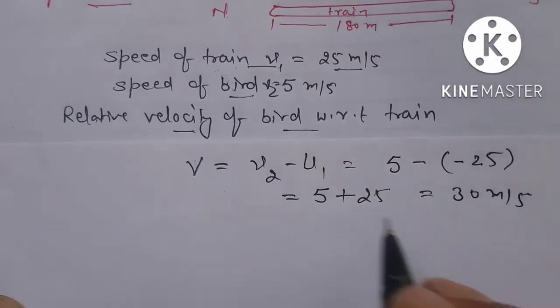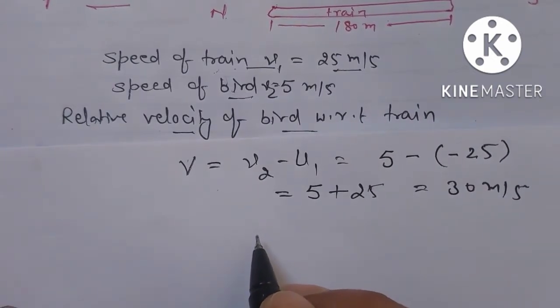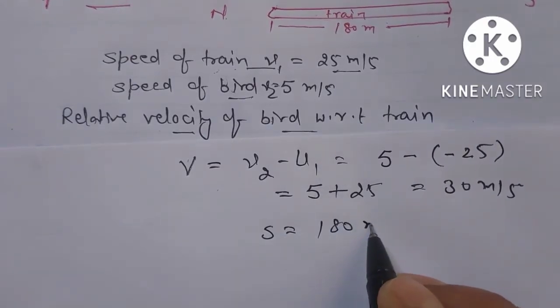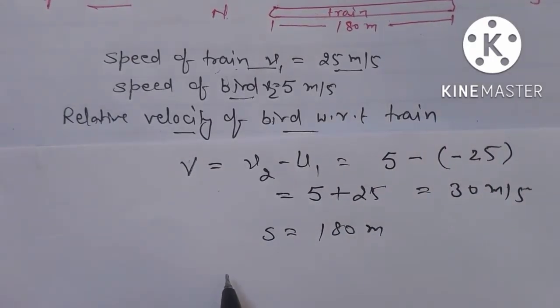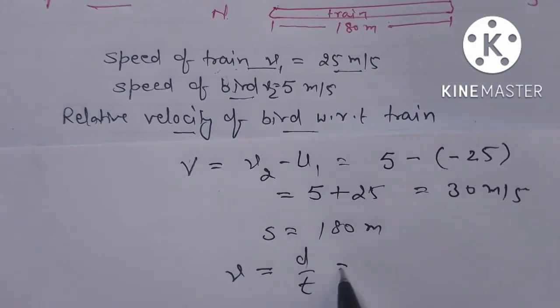And we know that the length of train, that is S, is equal to 180 meter. Now speed of the bird, V is equal to distance upon time.